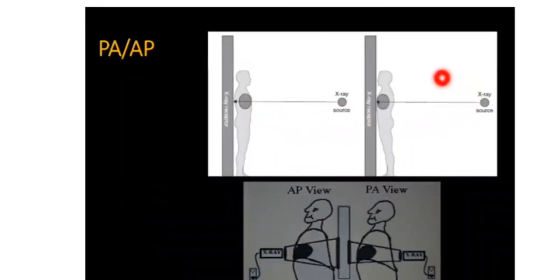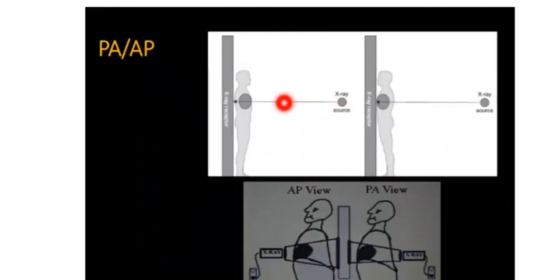Normally, if the patient is sick and can't stand up, we use an AP X-ray. Again, for an AP X-ray the patient is sick and can't stand up, and most portable X-ray machines are AP. For a PA X-ray, usually the patient can stand, and you can see the heart size is normal because it's far away from the source of the X-ray.